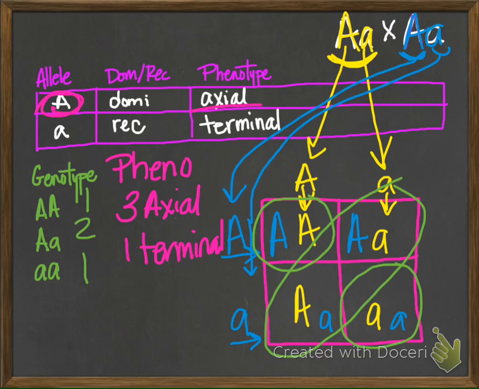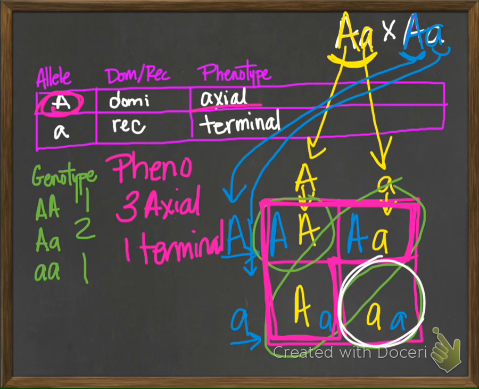You can see these 3 have at least one big A that gives them the dominant phenotype, whereas this guy over here is just recessive.